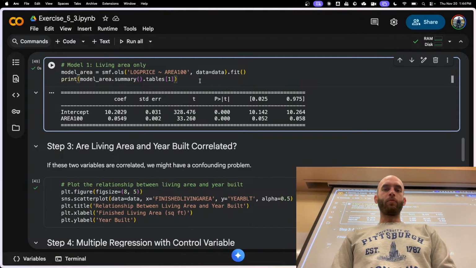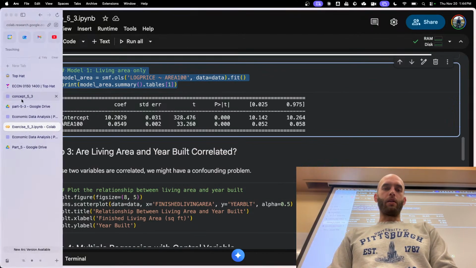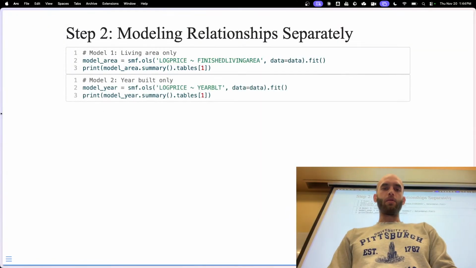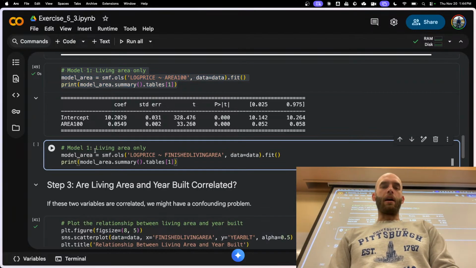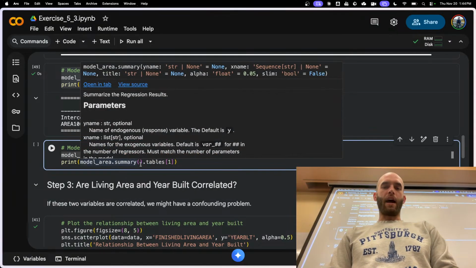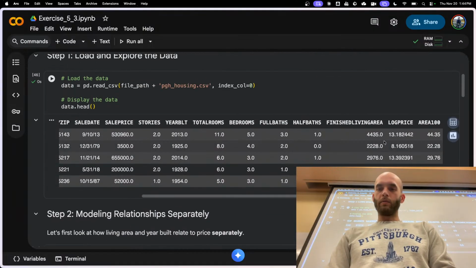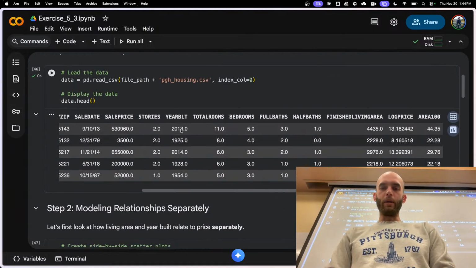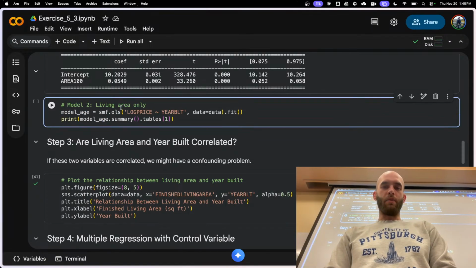Okay. So we could do a similar thing. Model 2: predicting house price with age, so we could look at year built. We could then set up this model.